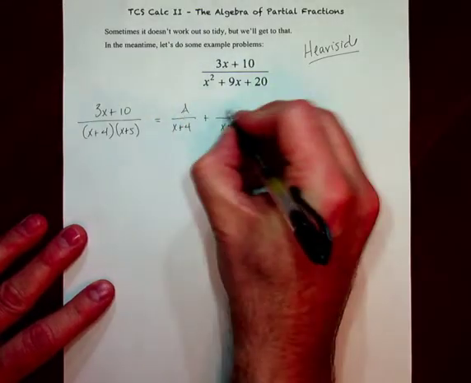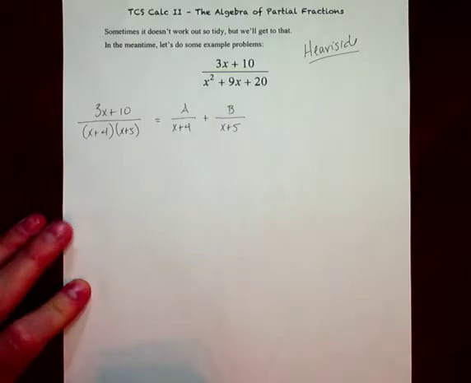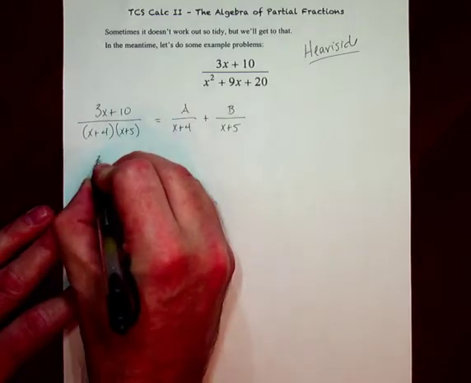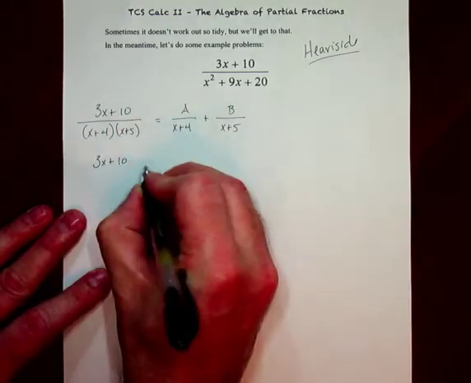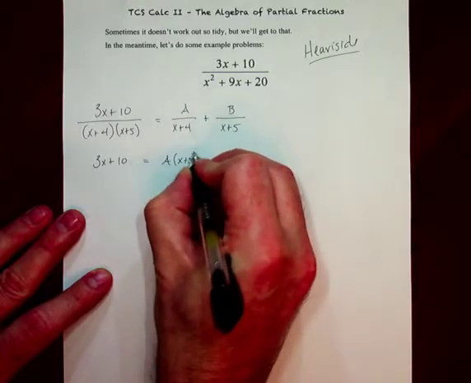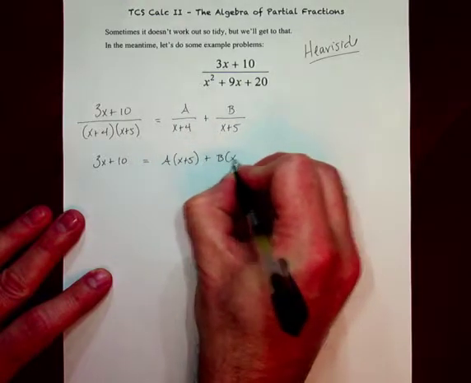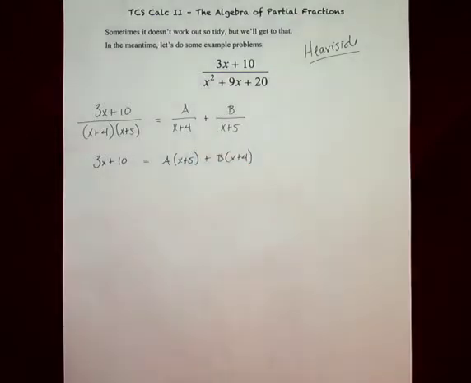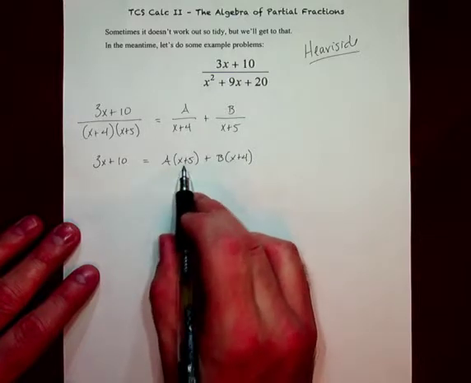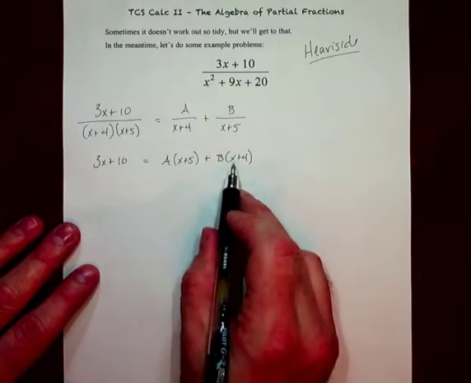So again, we put an a and a b up there. And not wanting to deal with this as a bunch of rational expressions, we want to multiply through by that common denominator. And I get a(x plus 5) and b(x plus 4). Now, in order to find a and b, obviously I need to use x equals negative 5 here, and x equals negative 4 here.